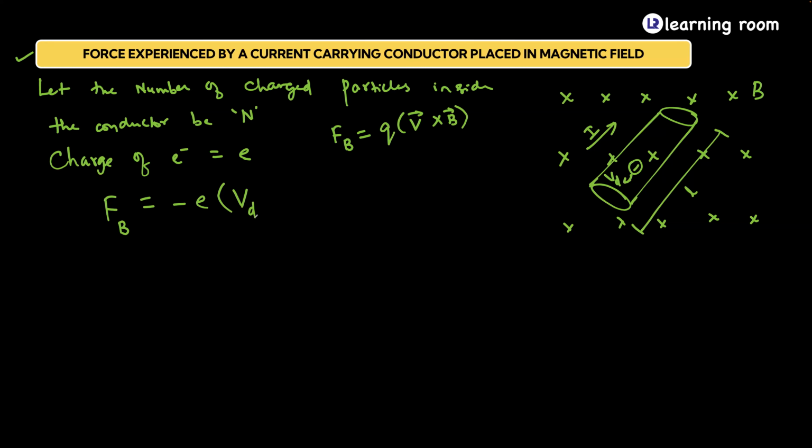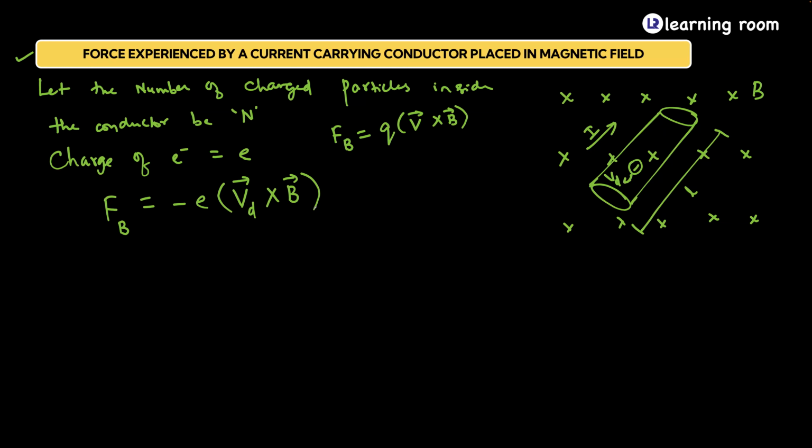Can I write it as VD vector cross B vector itself, because I'm not concerned about the orientation. Is this point getting registered? Is this clear? Now, the next question is, since I have drift velocity, is there a possibility for me to write drift velocity in terms of distance and time?